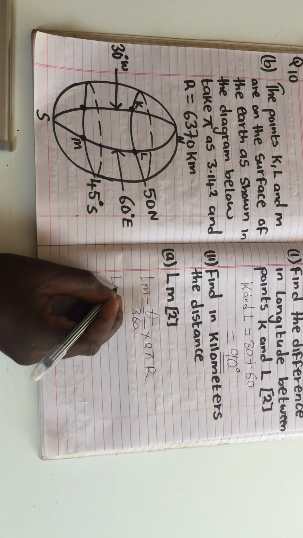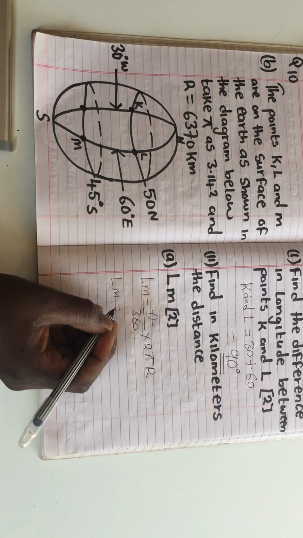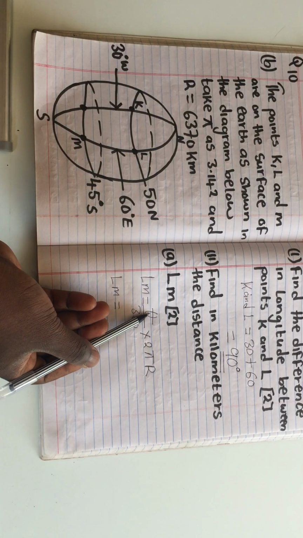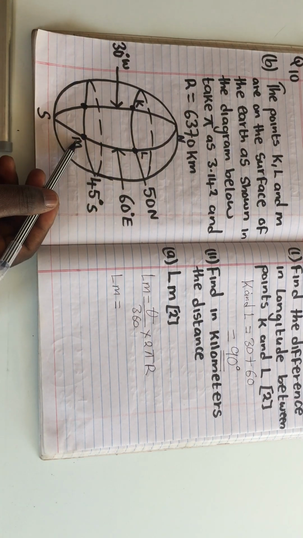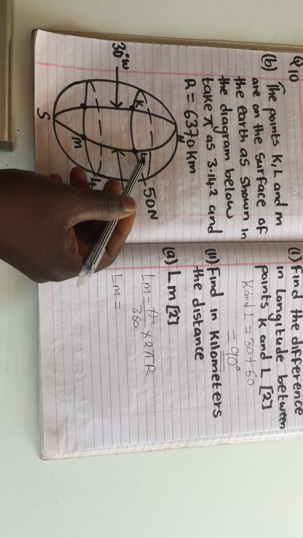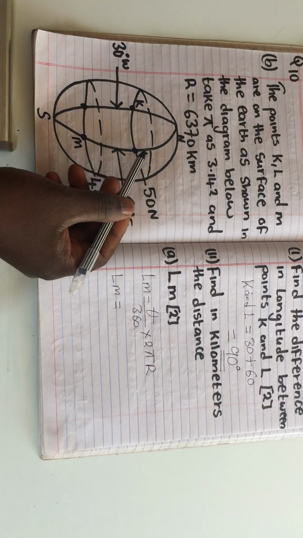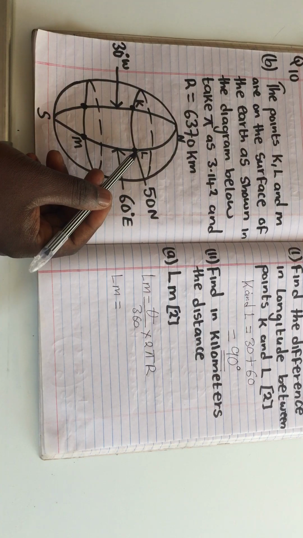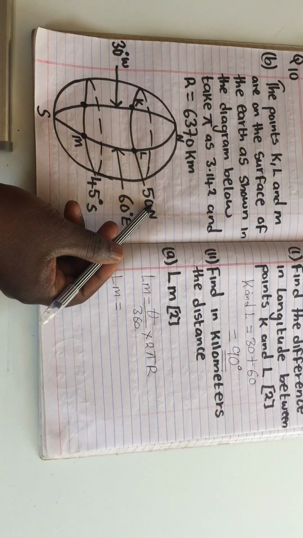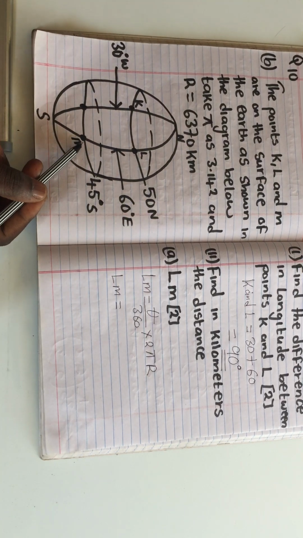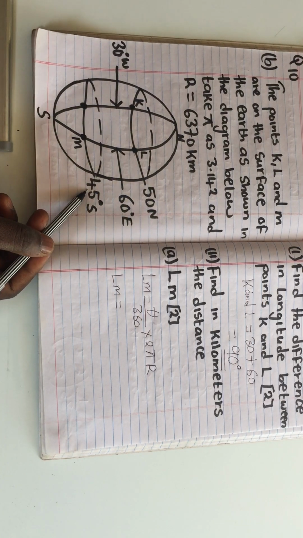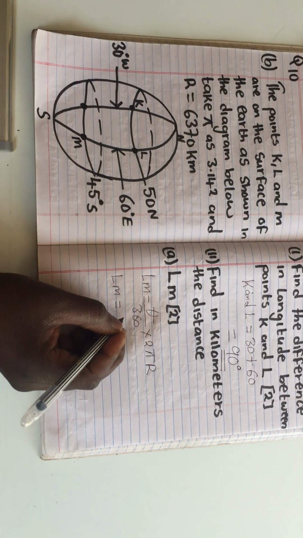Now how do you find this theta? If you are calculating distance along the longitude line, you add the latitudes. Latitude for L is 50. Latitude for M is 45. So 50 plus 45 is 95.